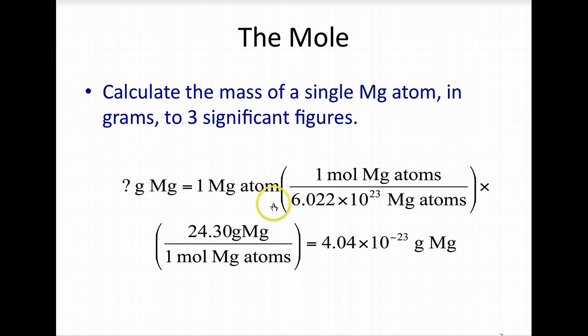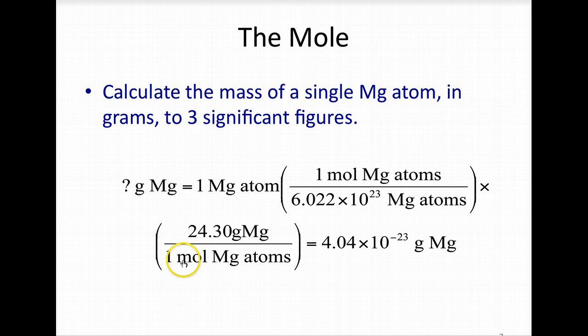Now if you note here, magnesium atom right here would cancel out with magnesium atom right here. I'm left right now with moles of magnesium atoms, which I then multiply by the atomic weight of magnesium, which is 24.30 grams of magnesium in every mole of magnesium.